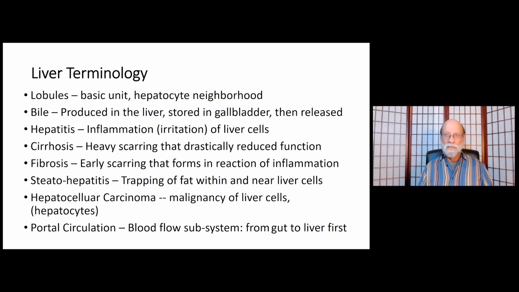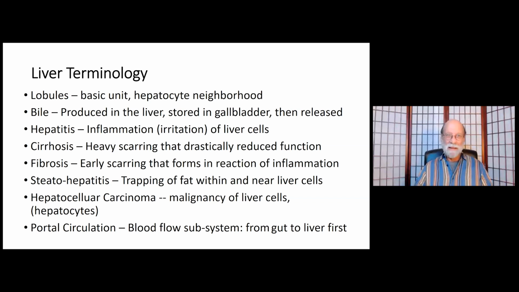And this process I'll talk about in a little bit more detail, but essentially it's important to realize that fatty liver has a very close relationship to diabetes. Also, you may hear the term hepatocellular carcinoma. This is referring to a malignancy or cancer of the liver cells, the hepatocytes.